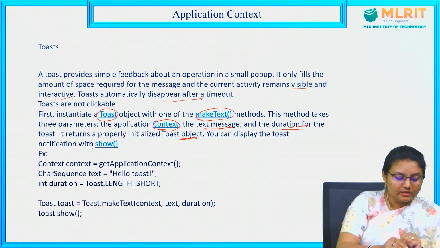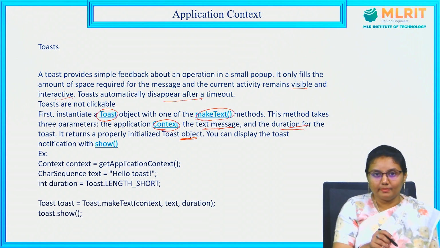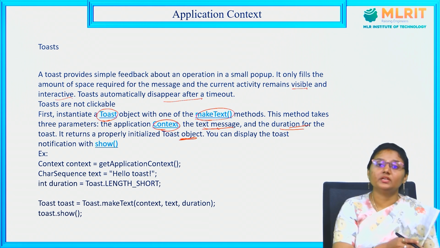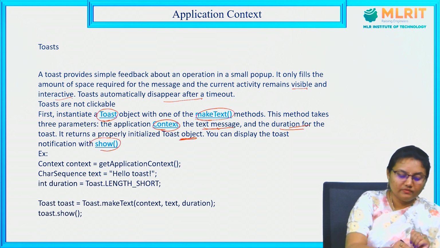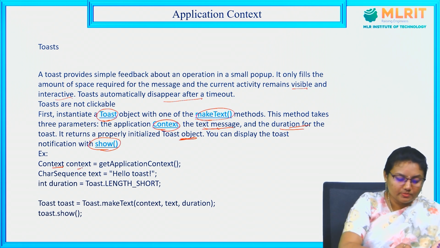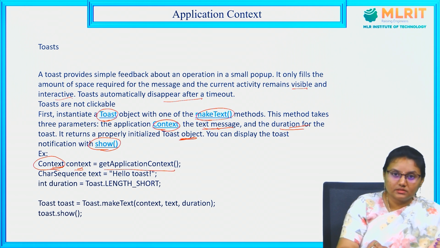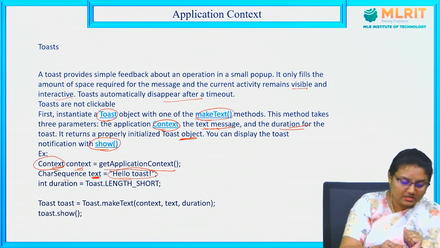Okay, once you have assigned the message in the application for this time period, it has to be displayed. So to display, we have one more method, which is the show method. So this is the code. Context, its object, the Context class object. getApplicationContext is a method which retrieves the context of the application, and the CharSequence you are giving is Hello Toast. So this text is passed as a message here.